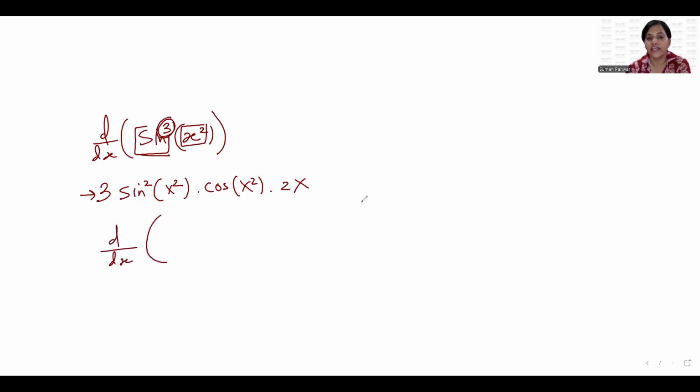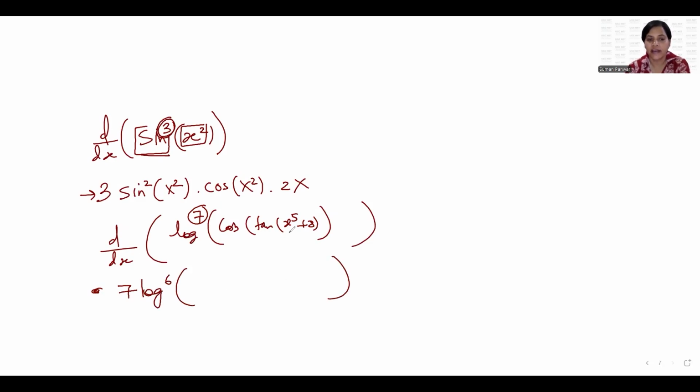Suppose you have to do the derivative of log to the power 7 of cos tan x^5 plus 8. What is the outermost function? The power. So 7 log to the power 6. Write whatever is inside as it is.